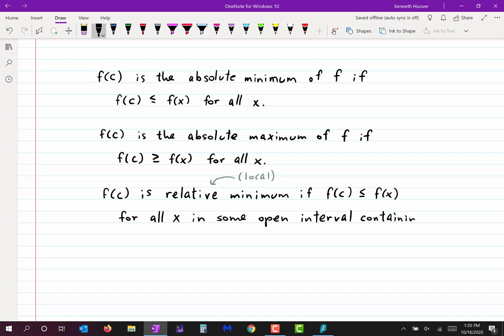I'll draw a picture of that, but before I do, let's write down the same idea for maximum.